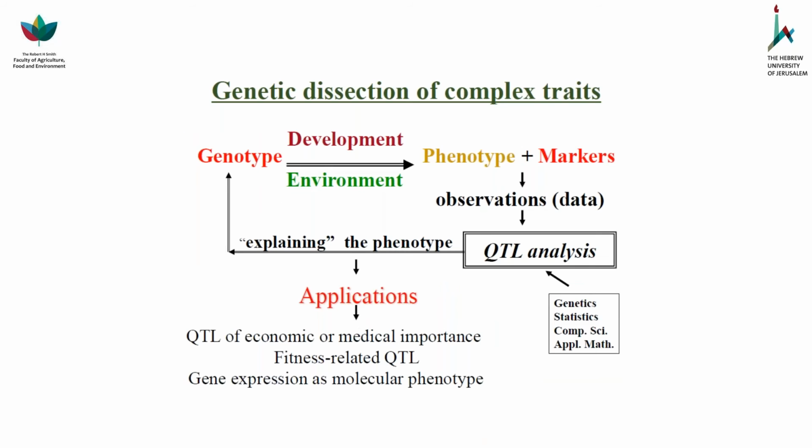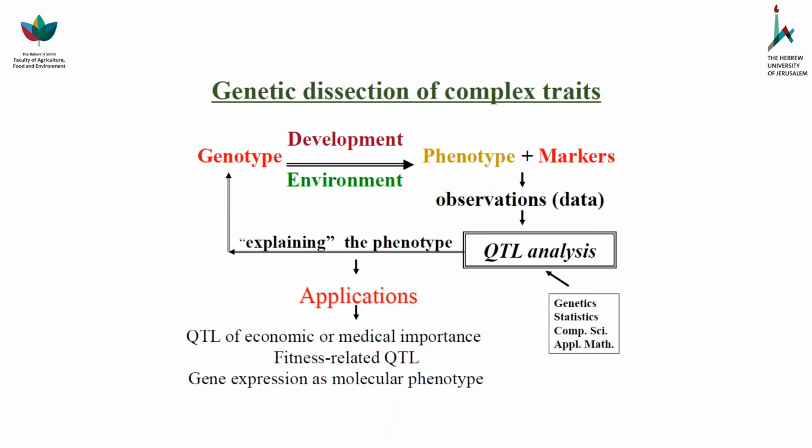So the pipeline of the genetic dissection of a complex trait is that we have some genotype, some population. We run an experiment with replication in different environments.